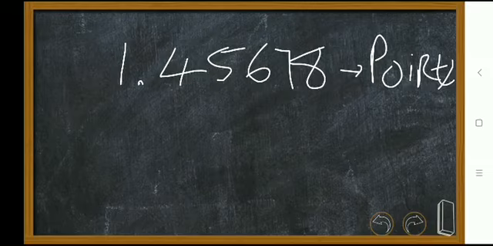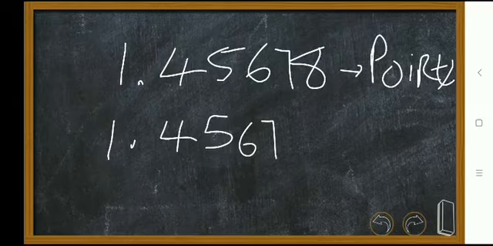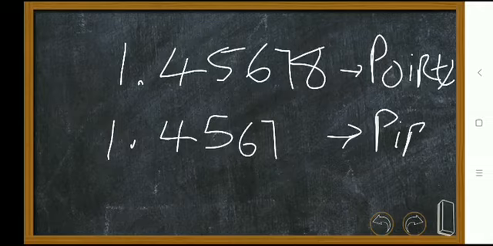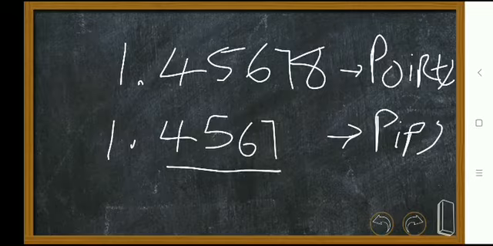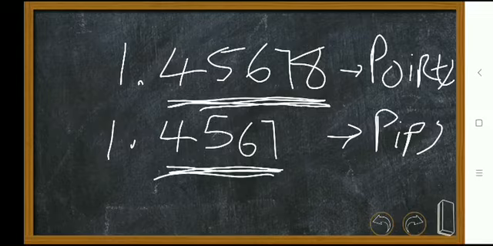It's in points. And this price is in pips. Because of what? The 4 numbers after the decimal point. This one is in points because it has 5 numbers. I hope I'm making sense.